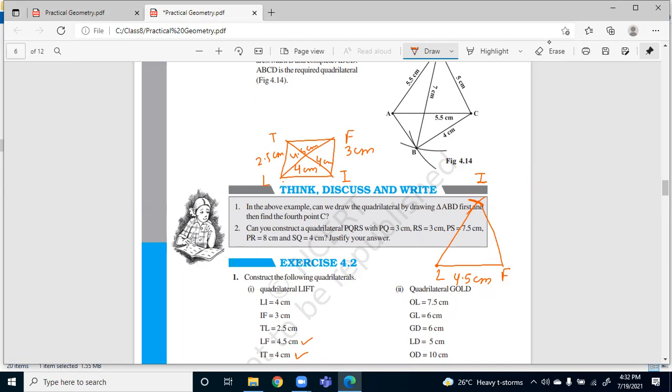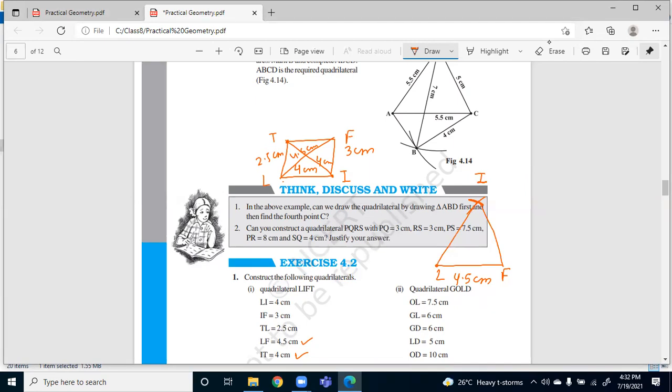Now I can see the other diagonal. I already have the vertex I. Another point is T. That is another diagonal, and its length is given to be 4 centimeters.